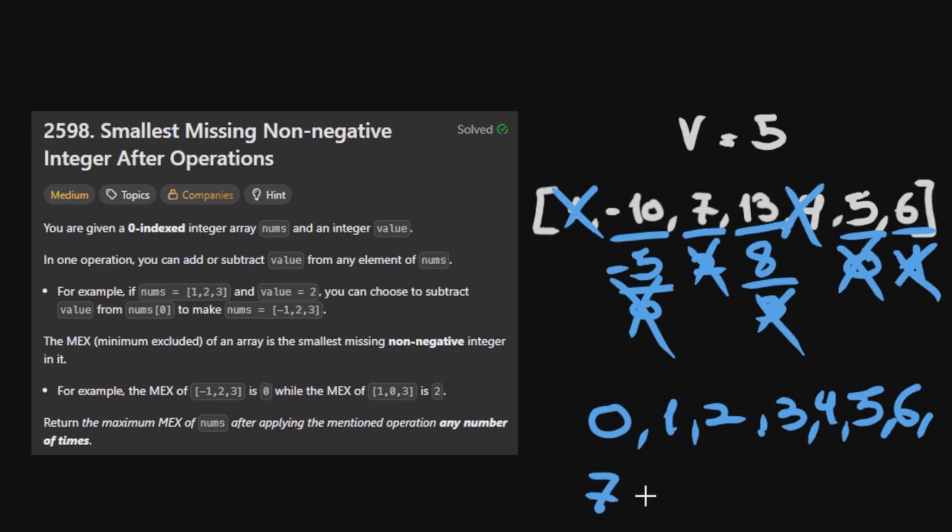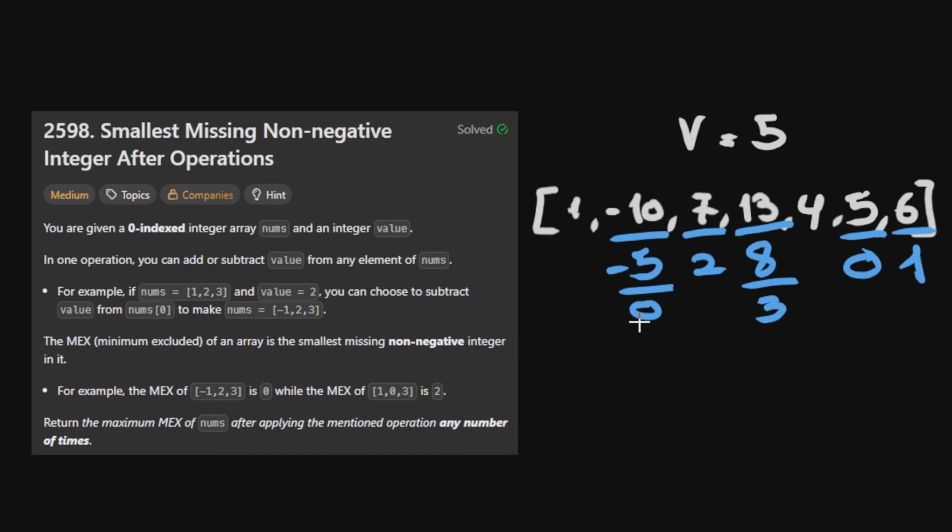Now we are trying to get 7, meaning 7 modulo 5. This is 2. And given that we don't have any available elements here, we have already used all of these to get these numbers. We can't get 2, so we return the current number, which is 7.